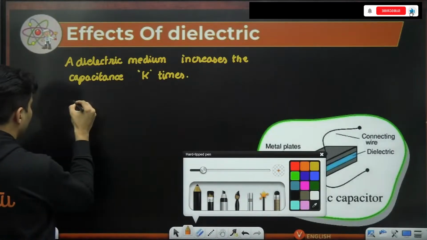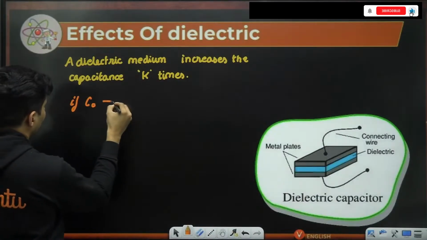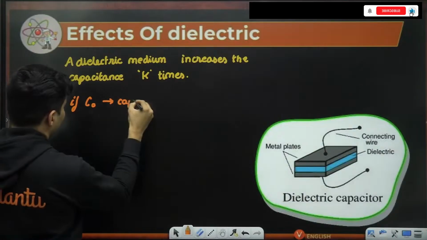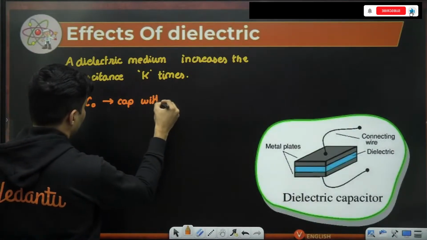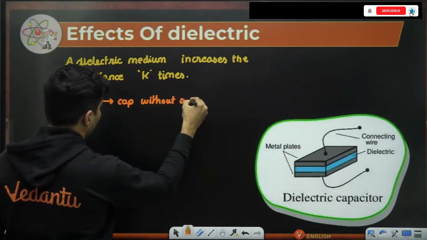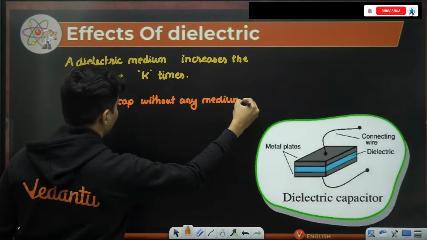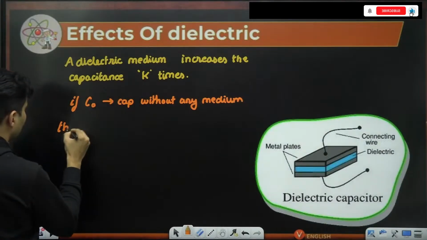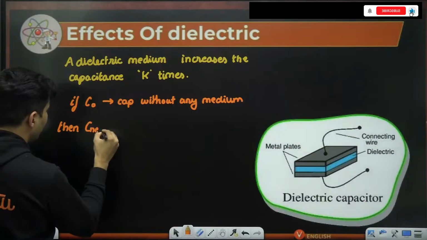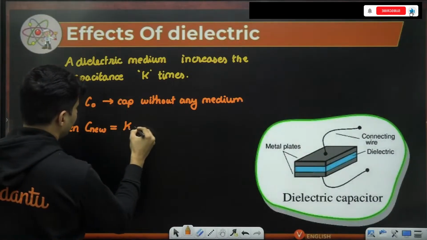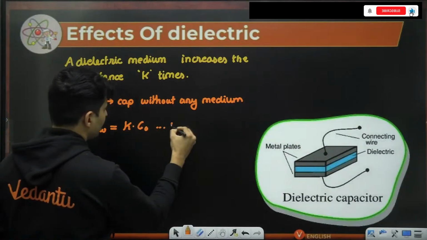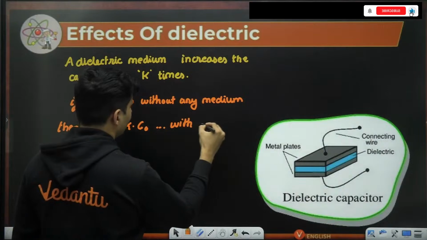So if C naught is the capacitance without any medium, then the new capacitance will be K times C naught. This is with the dielectric medium present inside.